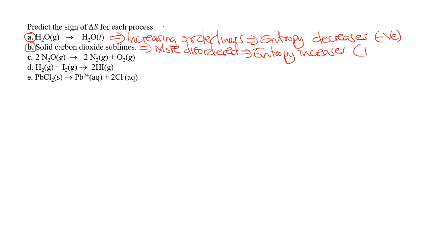Therefore, the sign here is positive. So if I ask, give me the sign in the change of entropy for solid making gas, in that case, we are making a more disordered substance because gas is more disordered than solid. In that case, the entropy will increase and the sign will be positive.